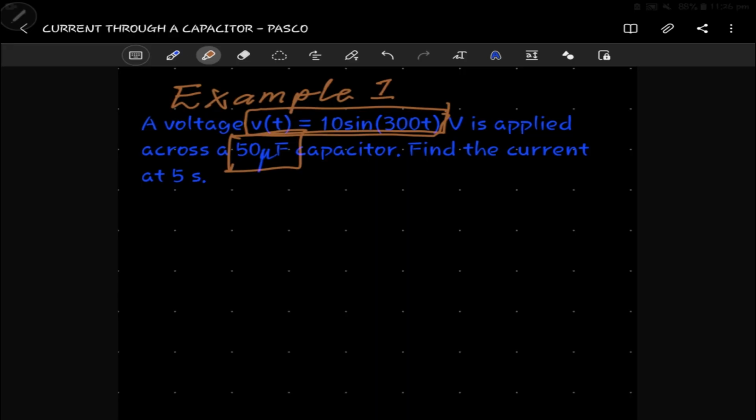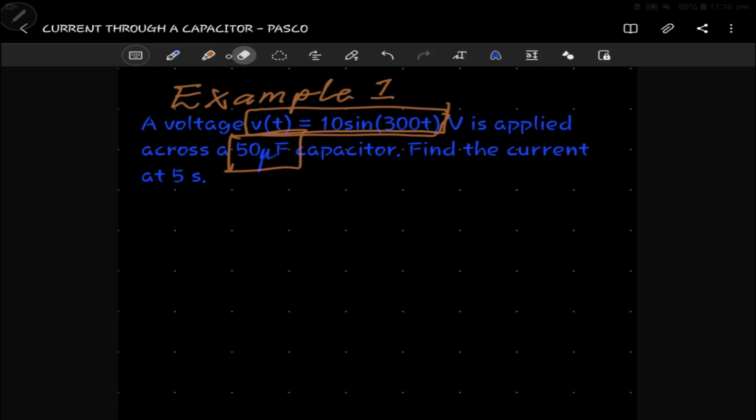So clearly we know that for something like this, you have to find the current.